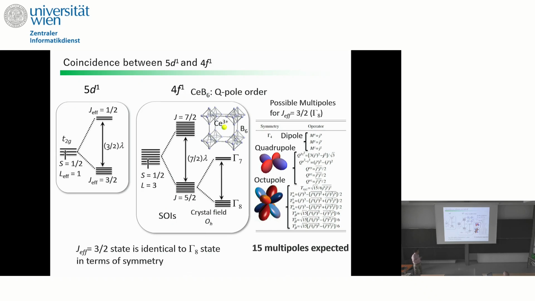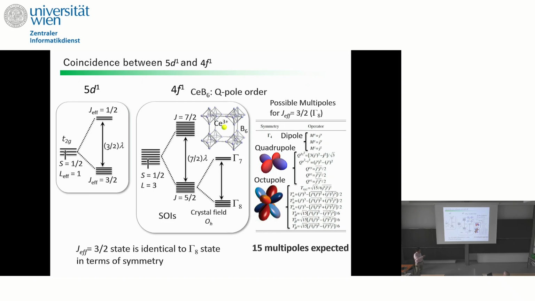Actually, multipolar order physics has already been established in 4f-electron systems. CeB6 is a prototypical and representative compound that shows quadrupole order. Interestingly, the 4-fold degenerate Gamma 8 ground state is identical in terms of symmetry to the J = 3/2 state.